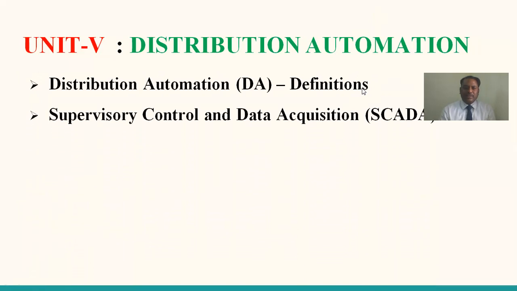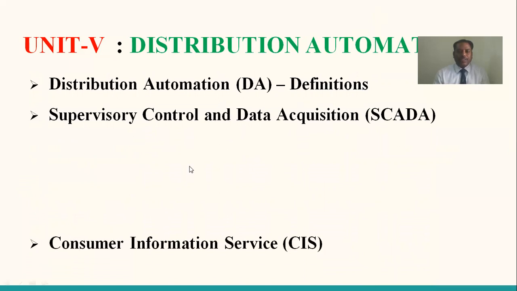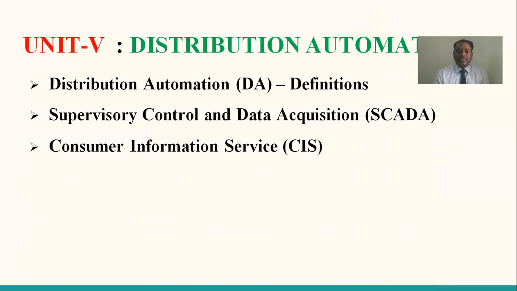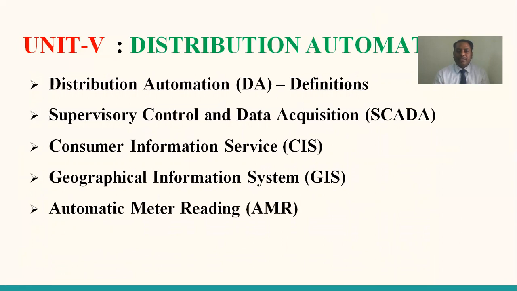And this is one of the greatest tools to automate the entire substation. This is supervisory control and data acquisition, known as SCADA. And consumer information service, geographical information systems. This is one of the systems which records all the data belonging to the electrical distribution systems, and automatic meter reading.